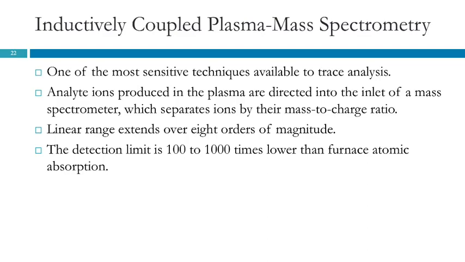So you form analyte ions in the plasma, and then you direct them into a mass spectrometer, which is going to separate the ions based on their mass to charge ratio. You can get linear ranges over 8 orders of magnitude, which is huge. And you can get a detection limit that's 100 to 1,000 times lower than that furnace atomic absorption. So very low. Of course, that comes at a cost, though, because this is going to be a lot more expensive than our simple little instrument.